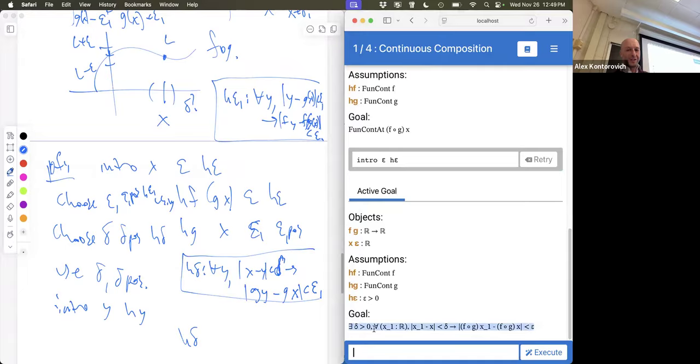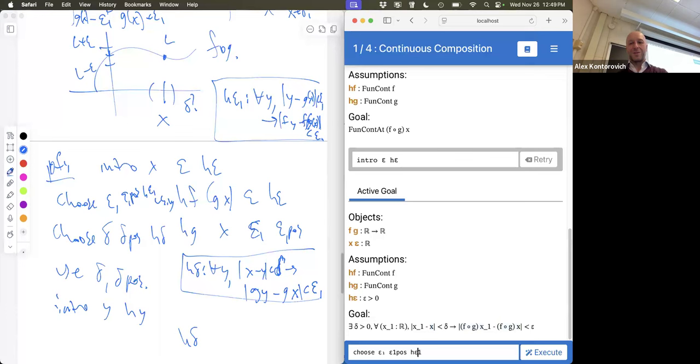So we want to know that there exists a delta so that, as long as y is within delta of x, f composed g of y is within epsilon of f composed g of x. And what we're going to do is feed that into hf. So choose epsilon 1, and the positivity of epsilon 1, and h epsilon.